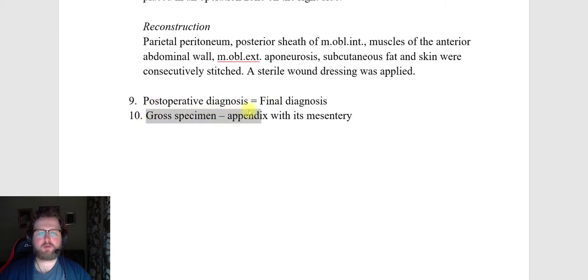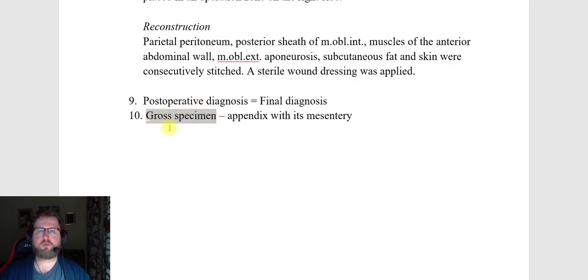We point that out because everything we remove from patient's organism must undergo pathologic examination. We will give that gross specimen to pathologists.